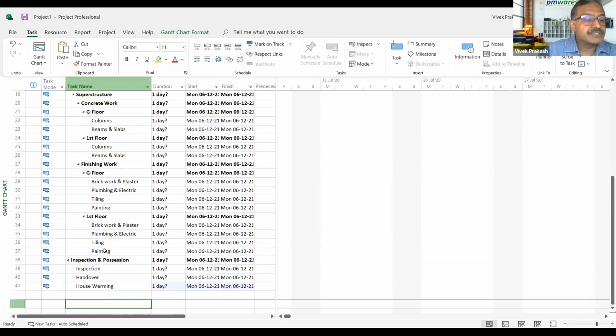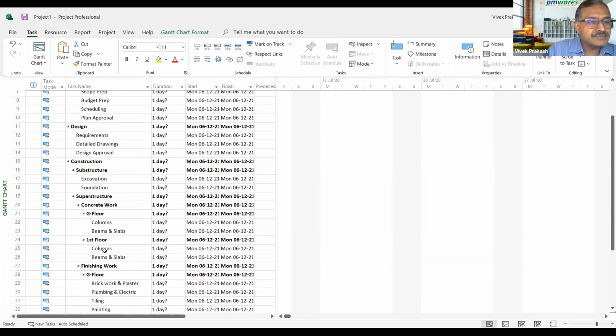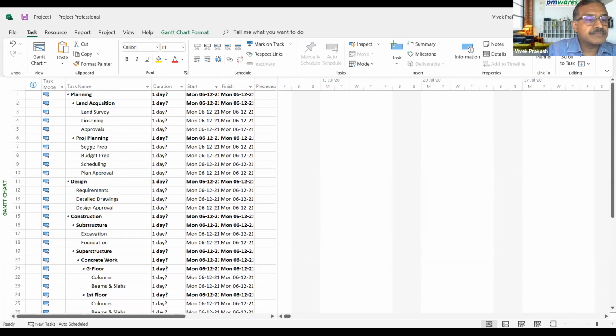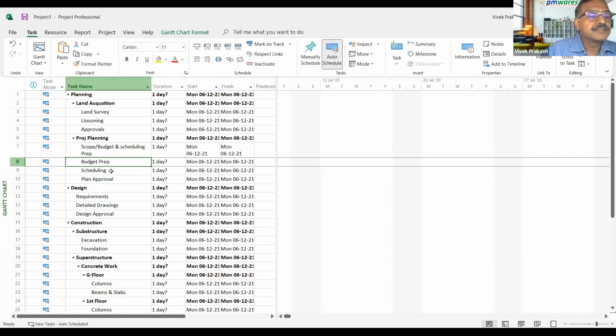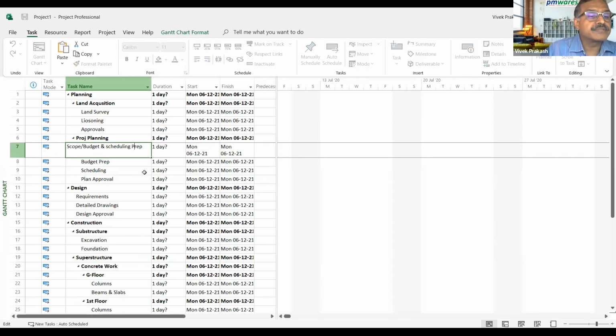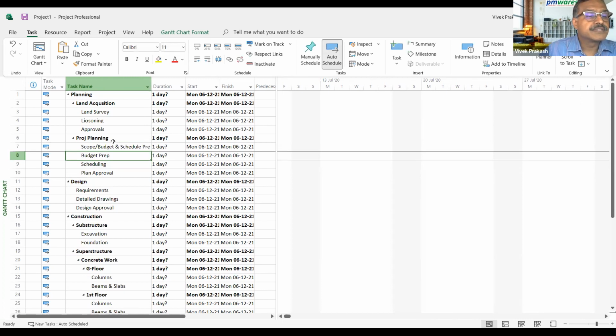So it's still 40 tasks, right? Yes. Let me make it here: scope, budget, and schedule preparation. And I remove these two.